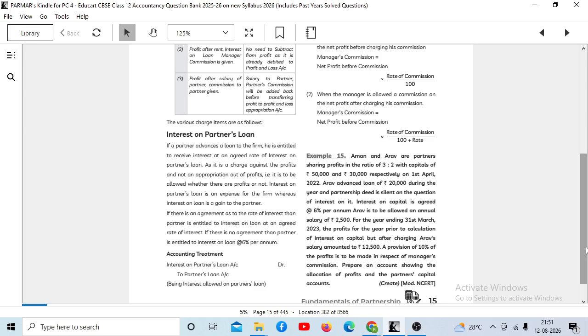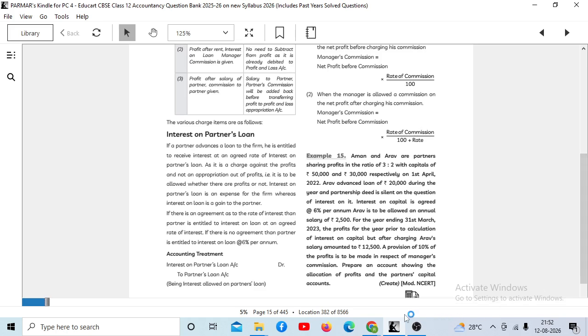Arav is to be allowed an annual salary of 2,500 for the year ending 31st March 2023. The profits for the year prior to the calculation of interest on capital but after charging Arav's salary amounted to 12,500. A provision of 10% of the profit is to be made in respect of manager's commission. Prepare an account showing the allocation of profit and the partner's capital account.